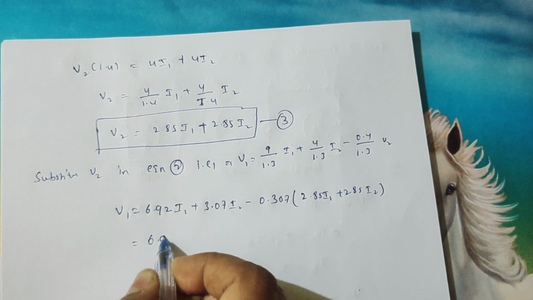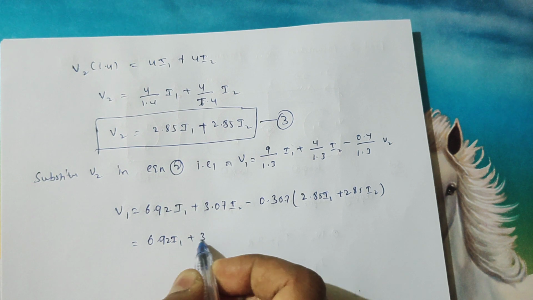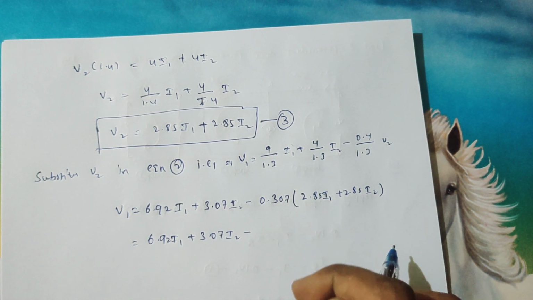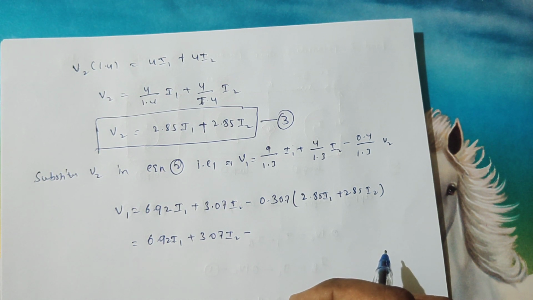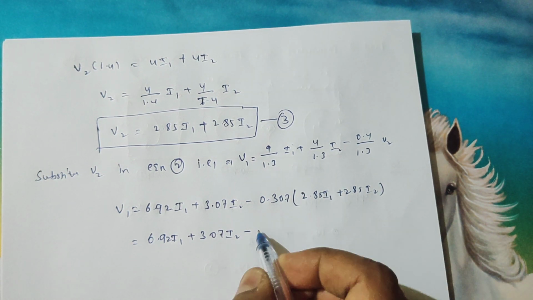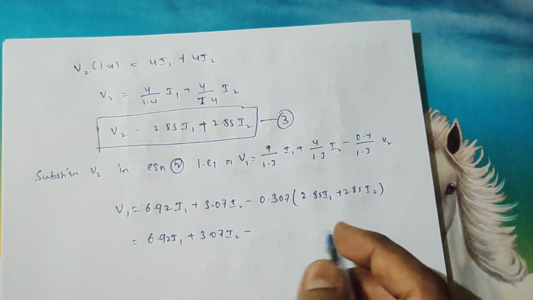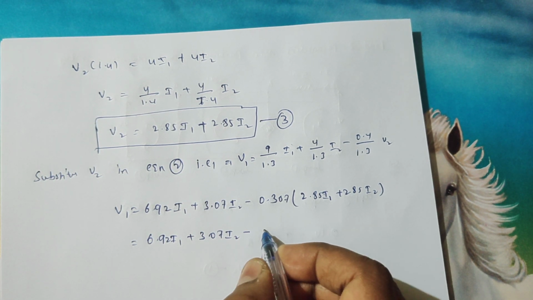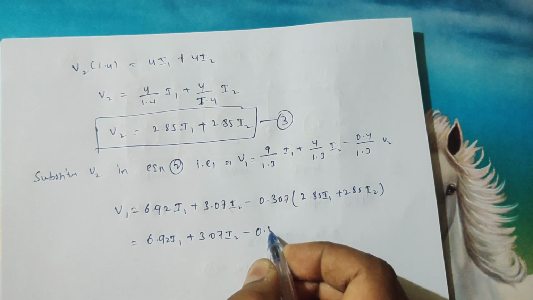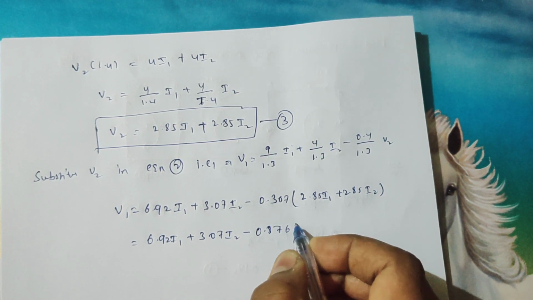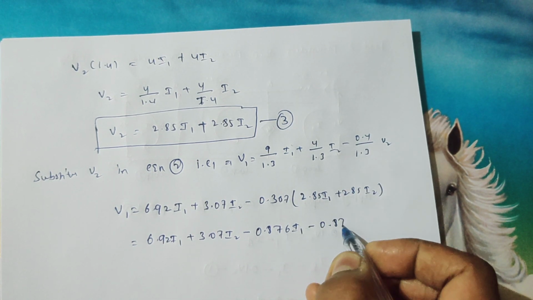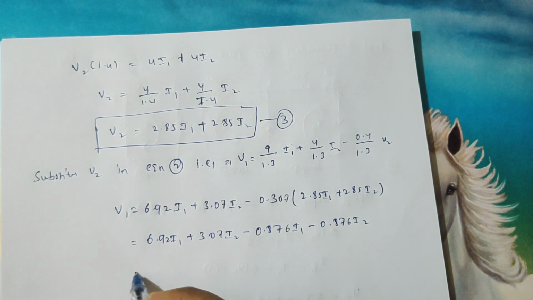So it is 6.92 of I1 plus 3.07 of I2 minus, calculate these values, 0.307 into 2.85. So we are getting 0.3 into 2.85 becomes 0.876 of I1. Again this term becomes minus 0.876 of I2.